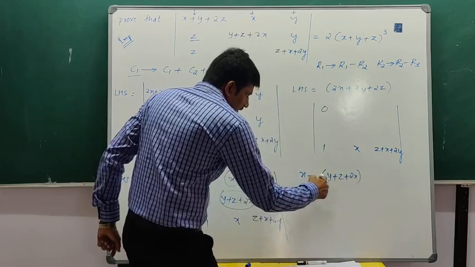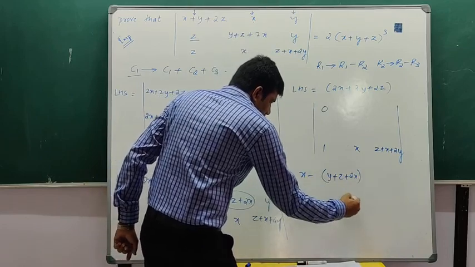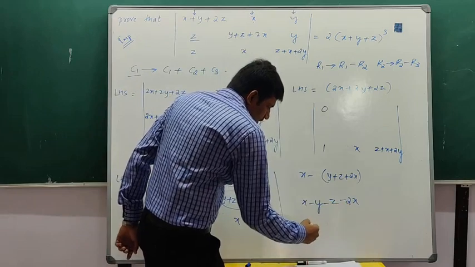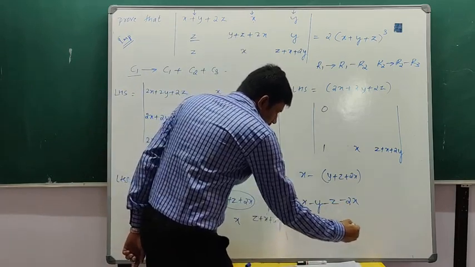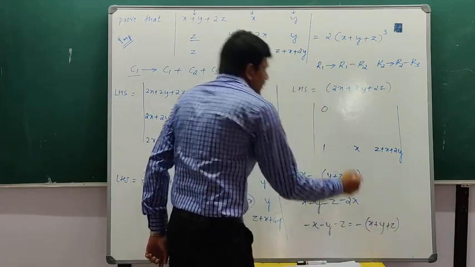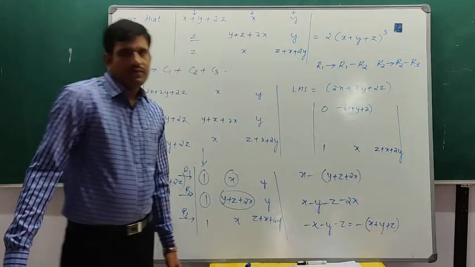Now it is x minus y minus z minus 2x, since minus into plus is minus. Now x minus 2x is minus x, then minus y minus z. If you take minus common, that will become minus of x plus y plus z.